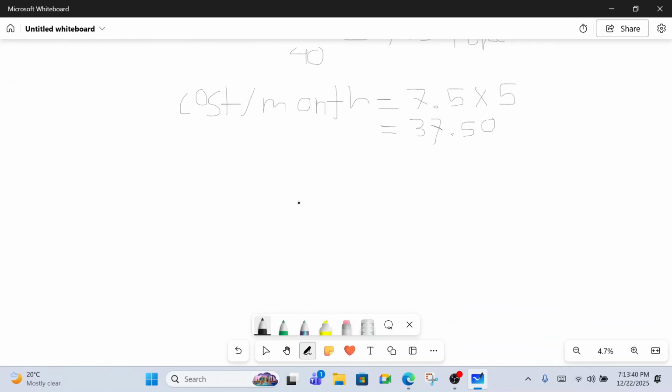Now cost per year equals 37.50 times 12. This should give us $450.